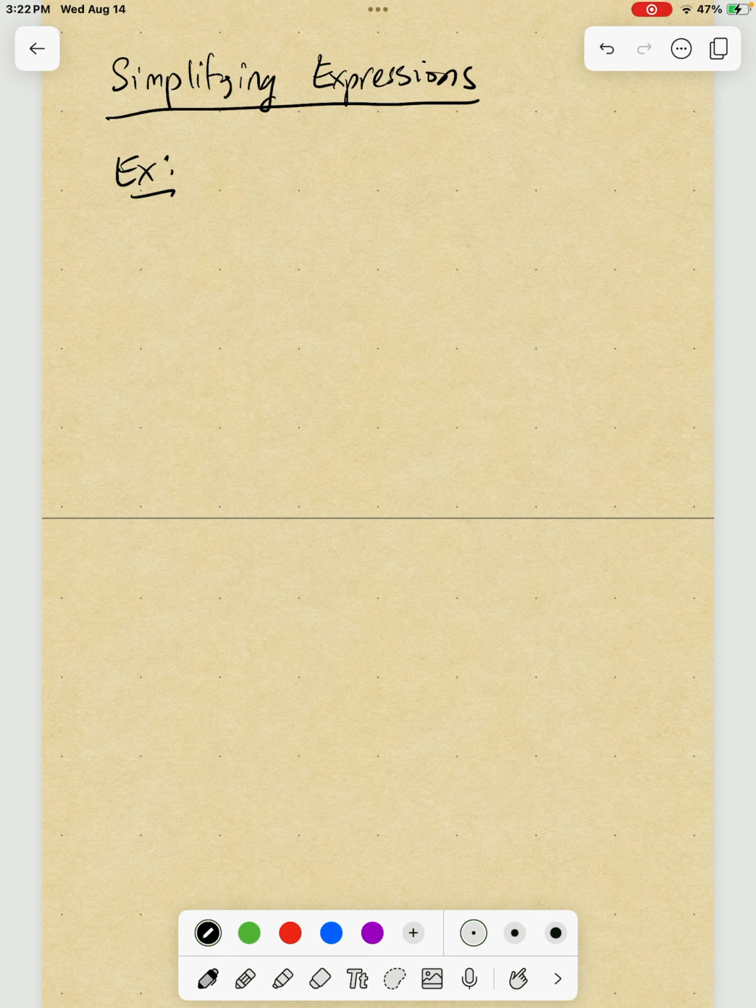If you want to simplify 2 over x squared minus 1 minus 1 over x minus 1, what would you do?